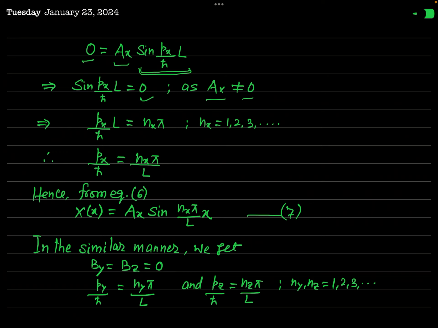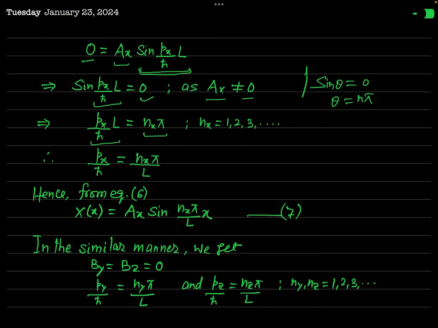to 0. And you know, the general value of theta when sine theta is equal to 0 is n pi. So here, in place of theta, there is Px over h bar times L. So you can say that Px L over h bar is equal to nx pi.